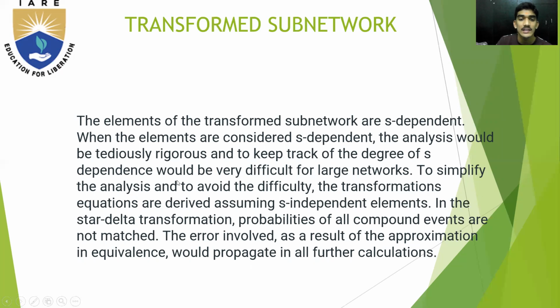To simplify the analysis and to avoid the difficulty, the transformation equations are derived assuming S-independent elements. In the star-delta transformation, probabilities of all compound events are not matched. The error involved as a result of approximation, the inequivalence, would propagate in all further calculations.